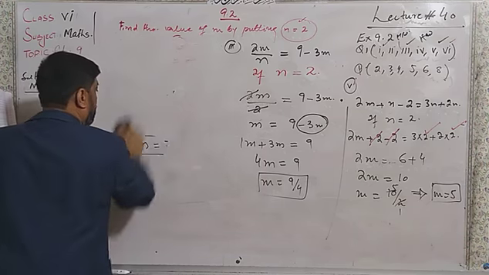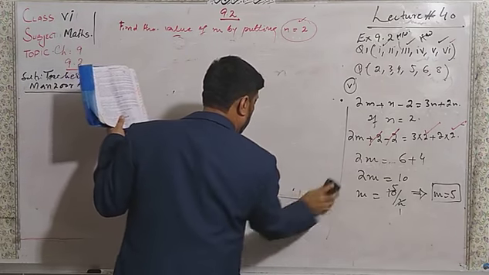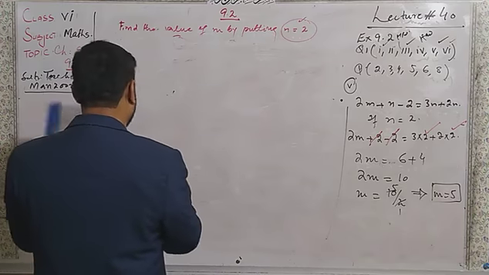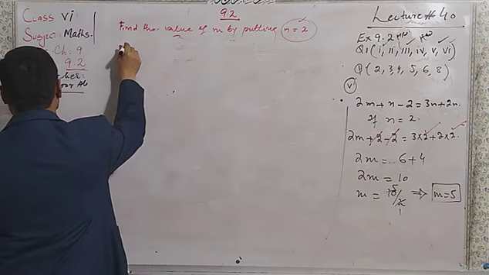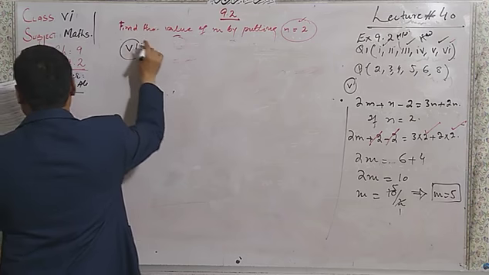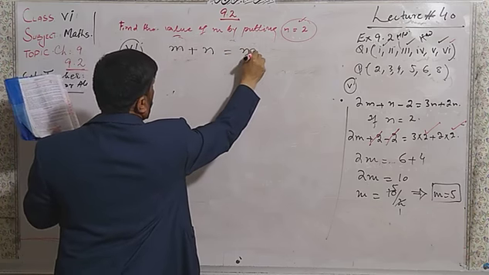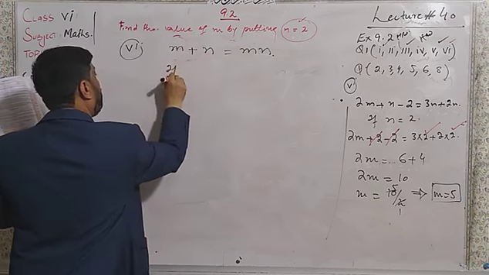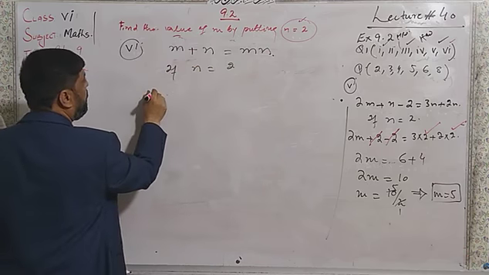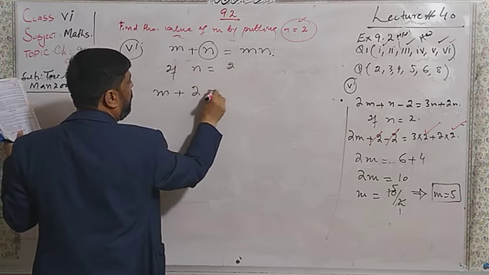Here, dear students, we have to do part number 6. That is m plus n equal to mn, if n is equal to 2. Dear students, here replace n by its value 2.